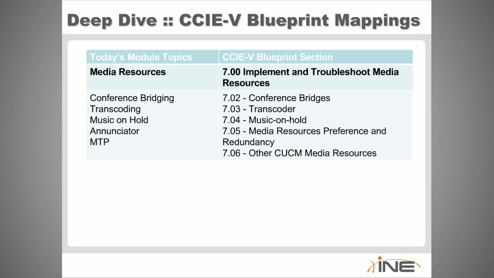Conference bridging directly translates to 7.02 conference bridges, transcoding to transcoder, music on hold to music on hold, and then media resource preference and redundancy. We're certainly going to talk about that in detail. And then also annunciator and MTPs. And those really fall in with other CUCM media resources.